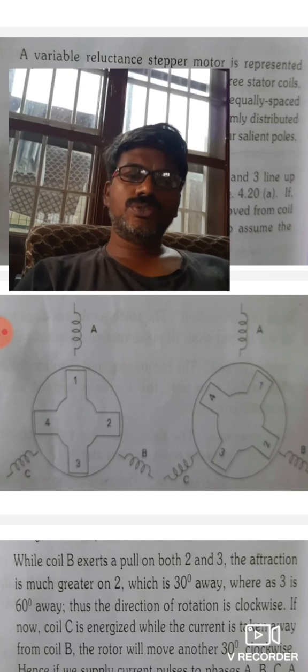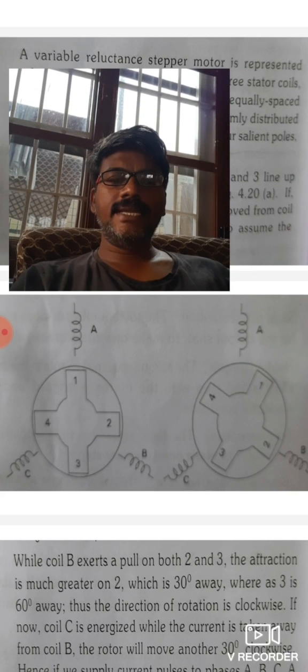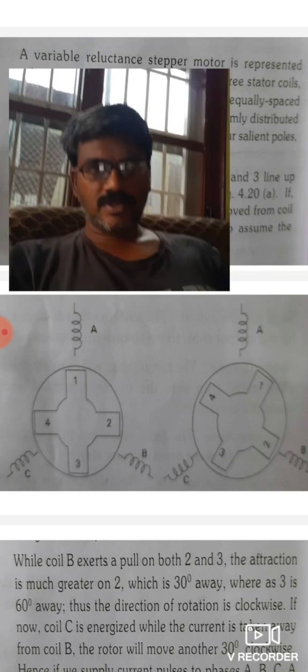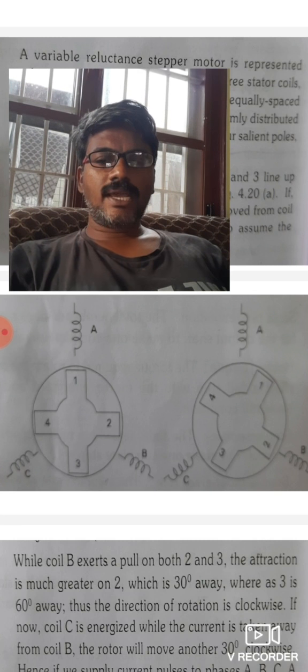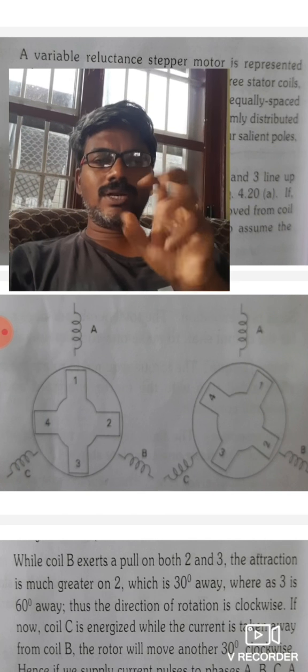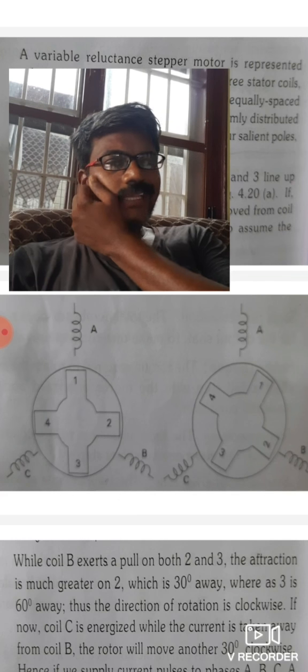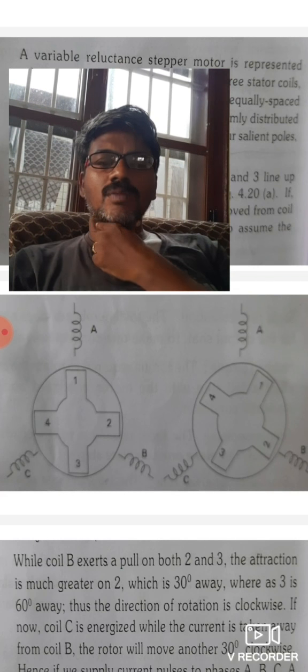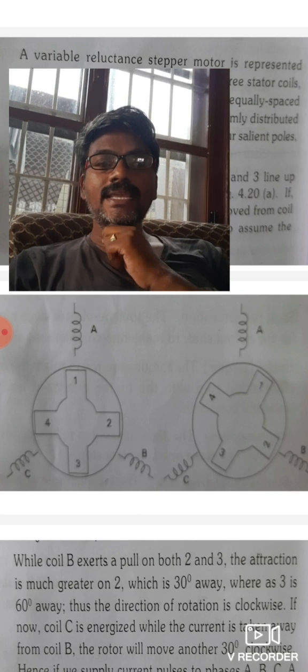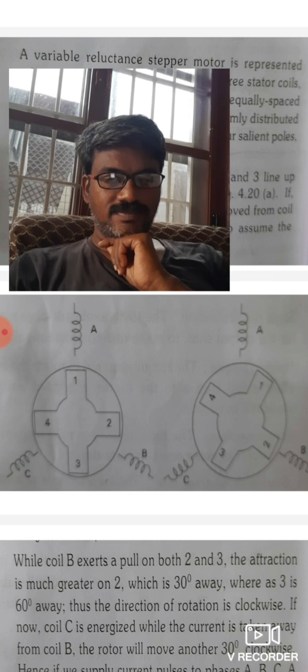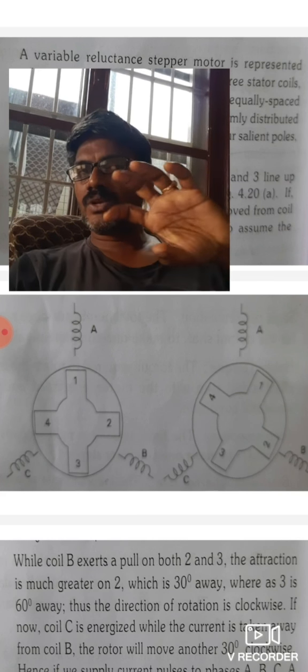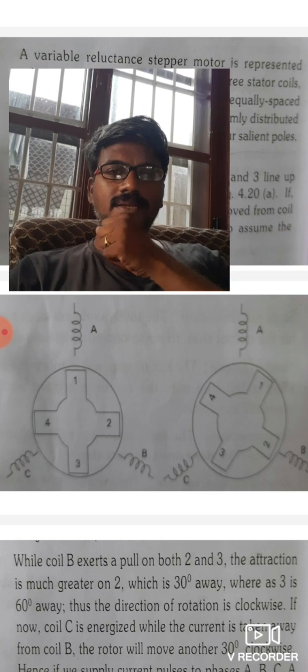It can also be shown that if the motor has 8 equally spaced teeth, suppose it has 8 teeth instead of 4, the rotor would move only 15 degrees for each pulse. Because with 4 poles the rotor rotates 30 degrees, right?